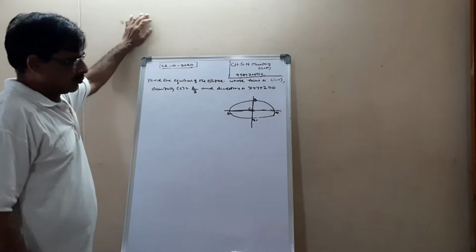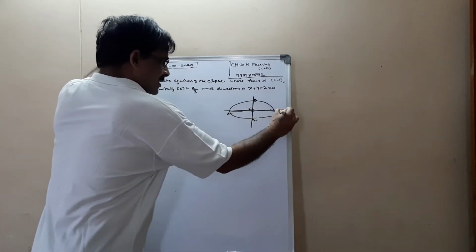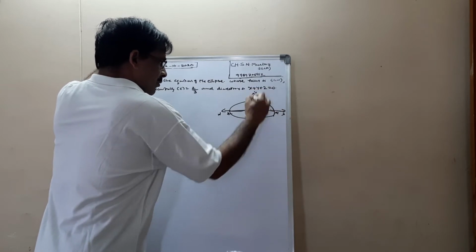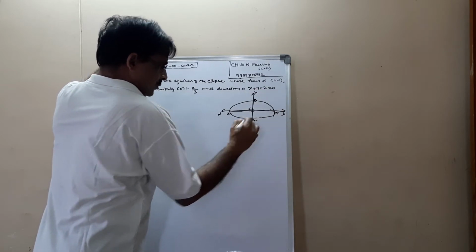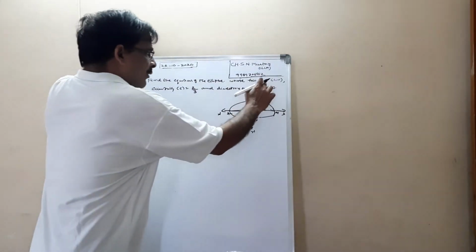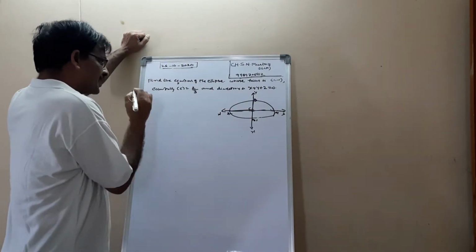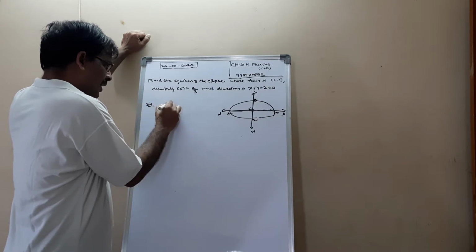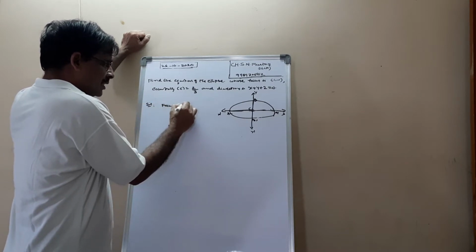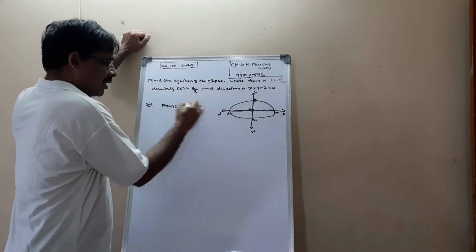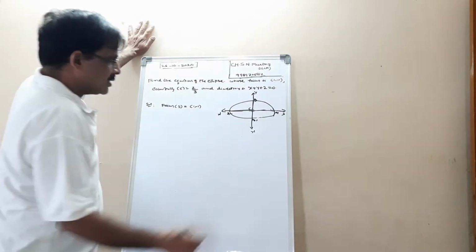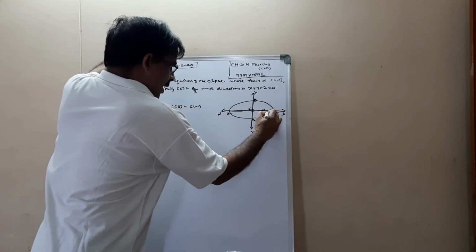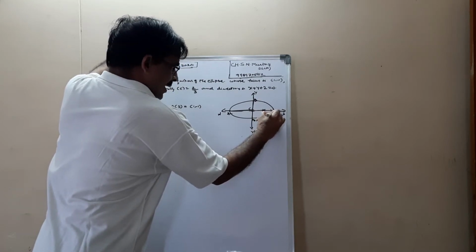Now see here, this is the x-axis, x dash, y dash. The focus is given to you. You write the given data. What is given? Focus, that is S equal to (1, -1). This is the focus in the rough figure, (1, -1).